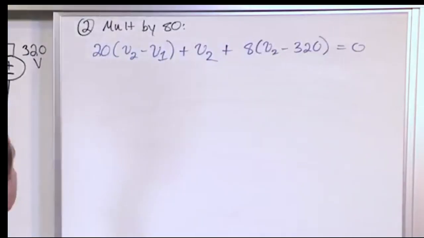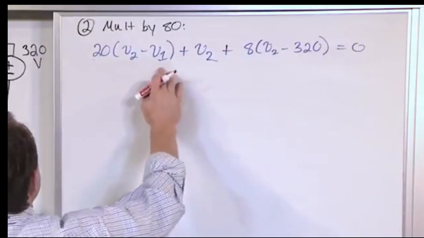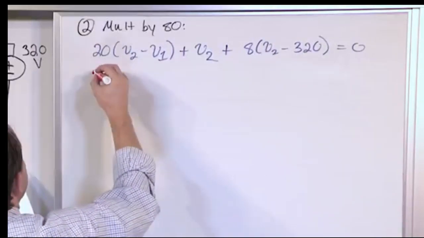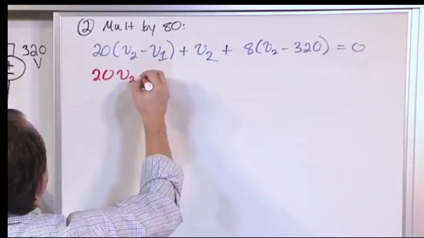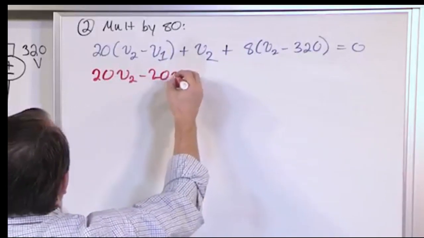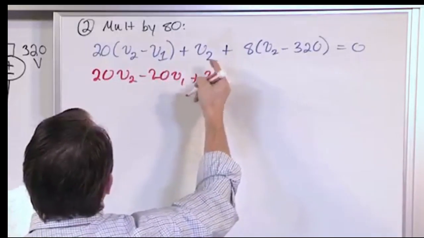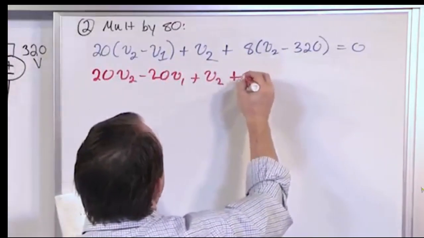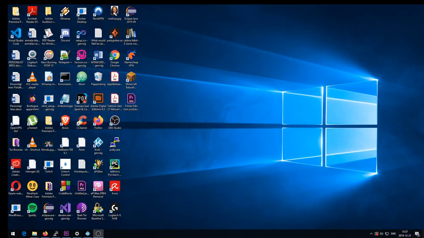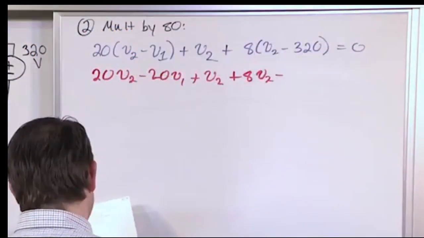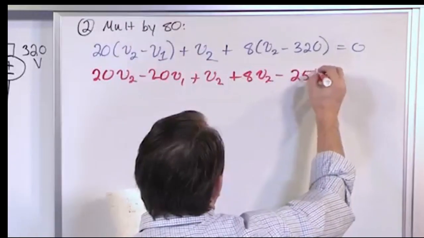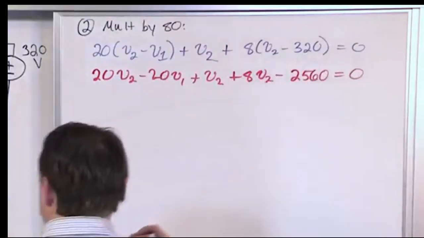All right, so now let's do some distribution here. We'll have 20 V2 minus 20 V1 plus V2, just keeping that along, plus 8 V2 minus, what's 8 times 320? You'll get 2560, and that's equal to 0.